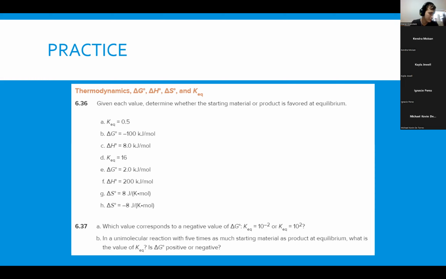If K_eq is 0.5, what is favored, reactants or products? Controversy.